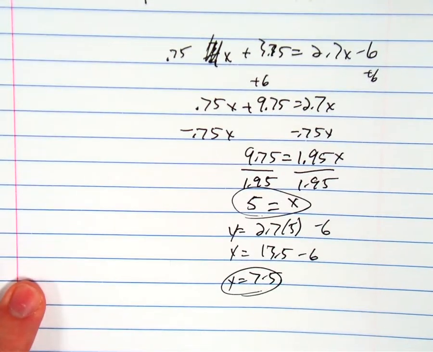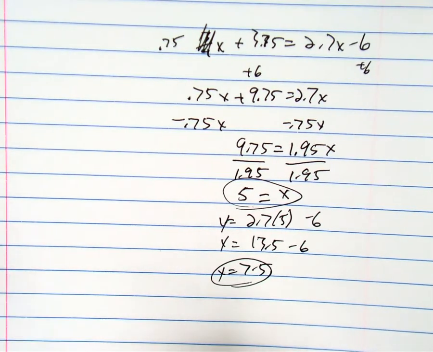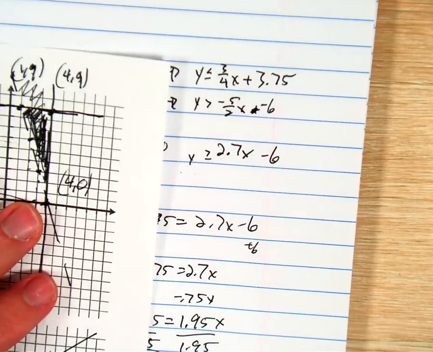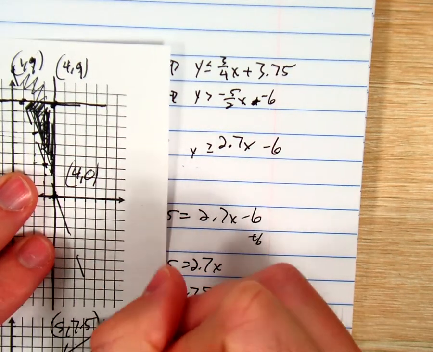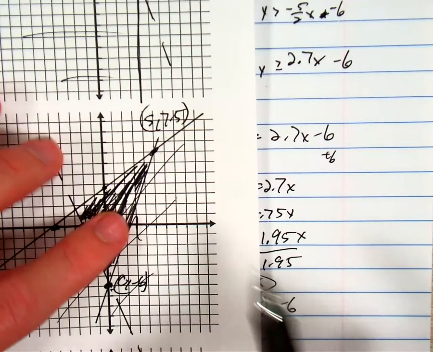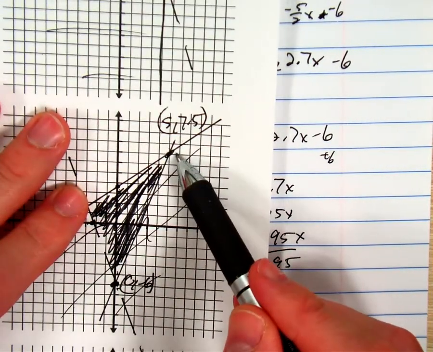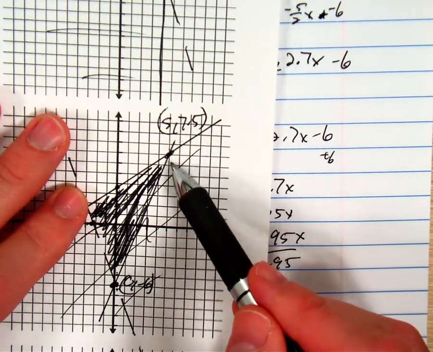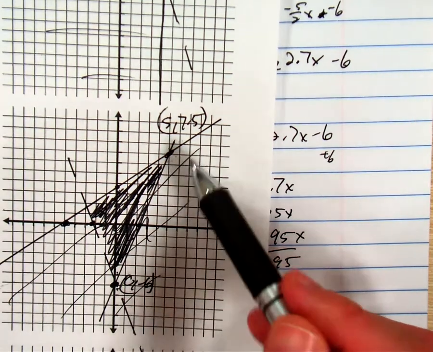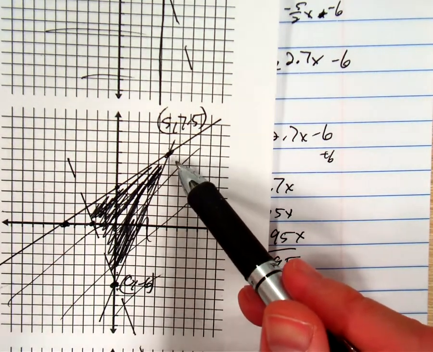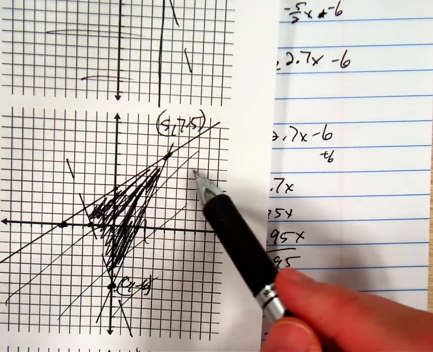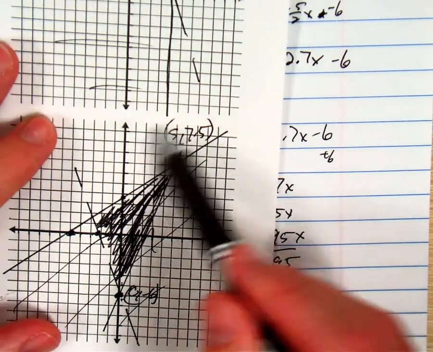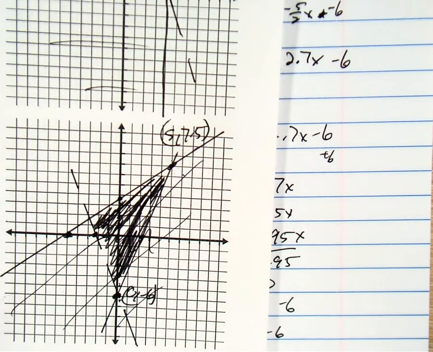Okay, so our other point way up there on the top was 5, comma 7.5. Even though we thought that was 5, comma 7, it was really supposed to be 5, comma 7.5. So you got to be careful. Like I said, you didn't know that it was going to cross exactly there. We could have been slightly off on our lines, and that would have caused it to be just a little bit different. So these are actually going to cross at 5, comma 7.5.